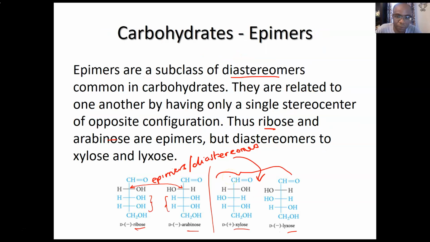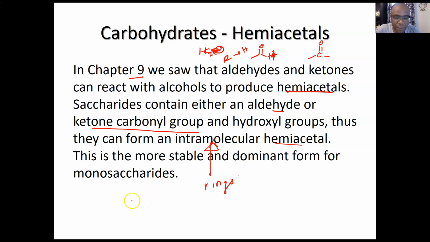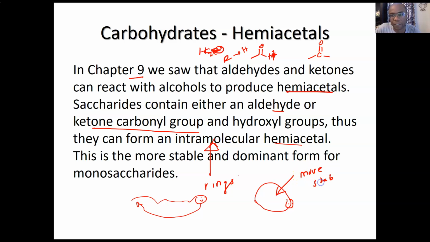So instead of them staying as straight chains, they usually close up, just like if you have a snake and the snake eats up its tail, what you end up with is a ring. So the ring of the sugars are more stable than the Fischer projections.